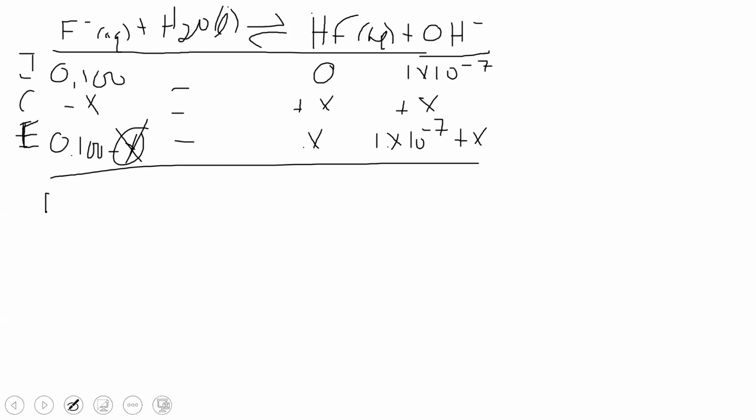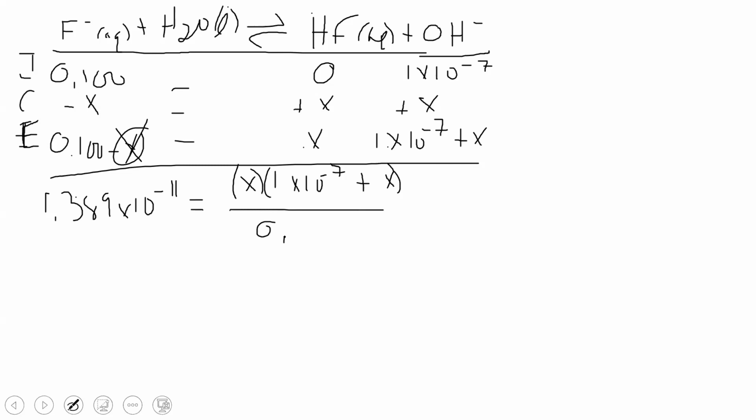So you get 1.389 times 10 to the minus 11 will equal X times 1 times 10 to the minus 7 plus X divided by 0.100.